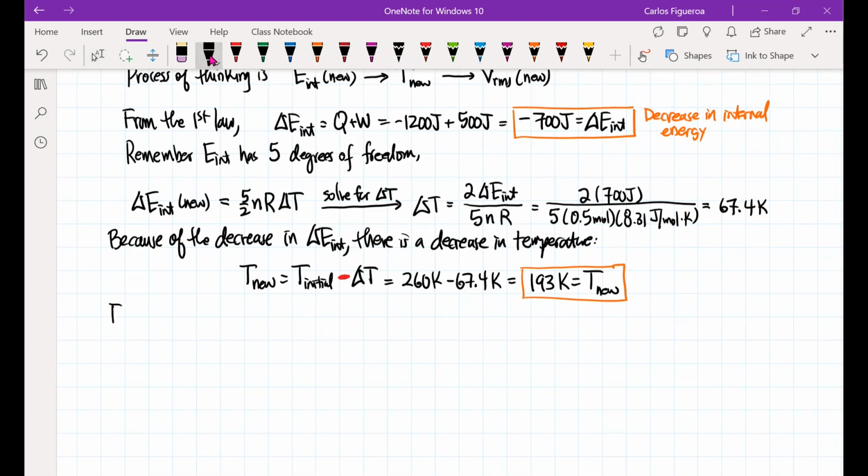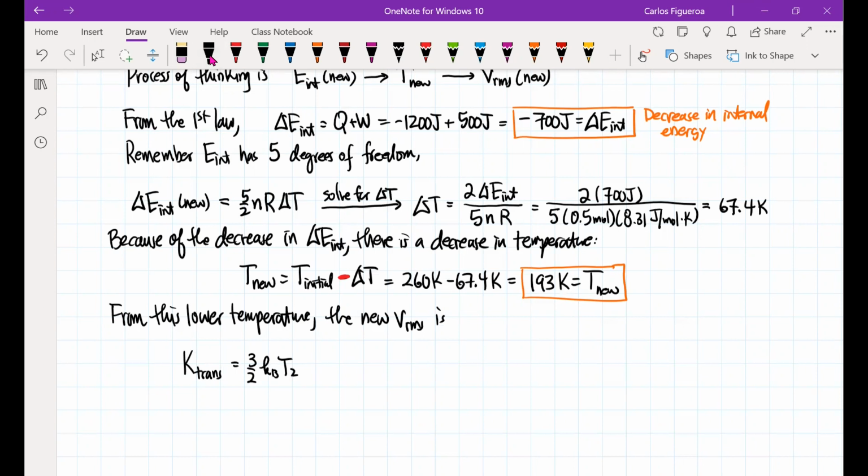So from this lower temperature, the new RMS is given by the classical temperature. The classical temperature says K translation, remember, it could be K RMS, is equal to 3/2 kBT.